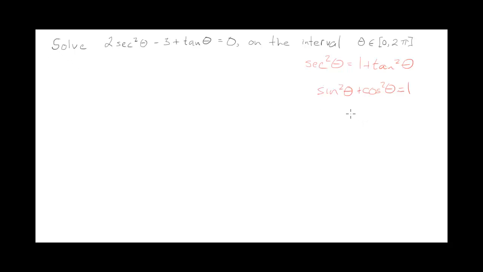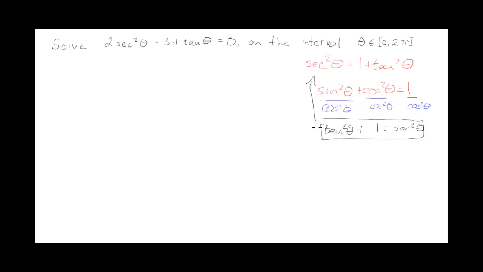If you divide everything by cosine squared, sine squared over cosine squared is tangent squared, cosine squared over cosine squared is 1, and 1 over cosine squared is secant squared. So we have this identity, which was up here. You don't need to prove this every time. You should have this as a known identity.